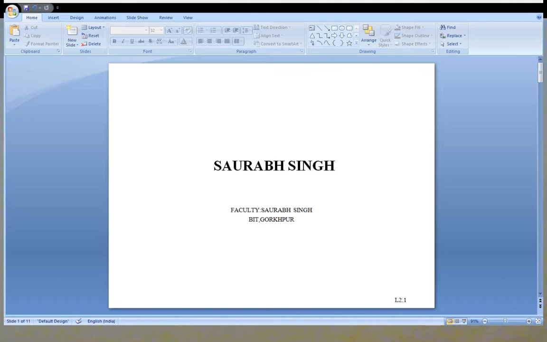So the total number of leaves would be equal to n raised to the power log a base b. So height would be log n base b, and the number of leaves would be n raised to the power log a base b.